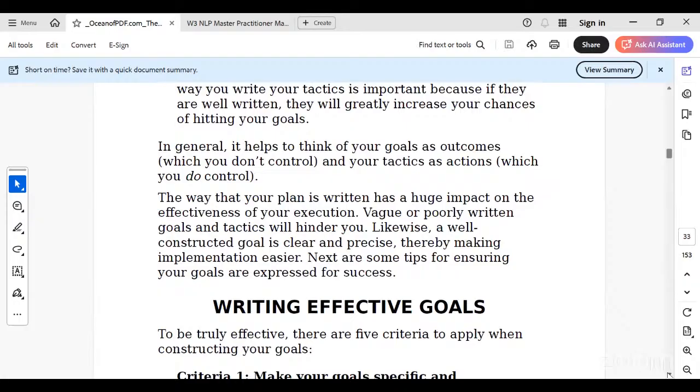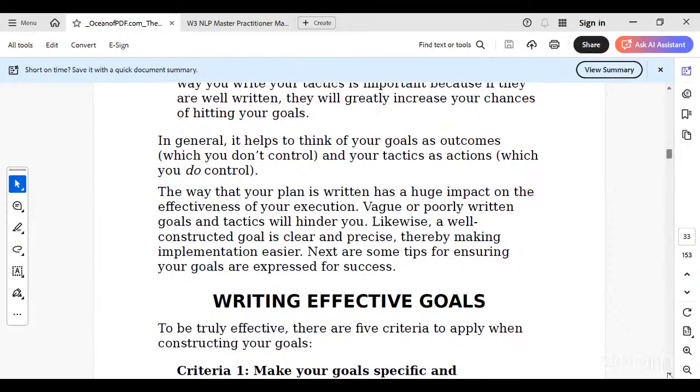The way that your plan is written has a huge impact on the effectiveness of your execution. Vague or poorly written goals and tactics will hinder you. Likewise, a well constructed goal is clear and precise, thereby making implementation easier. Next are some tips for ensuring your goals are expressed for success.